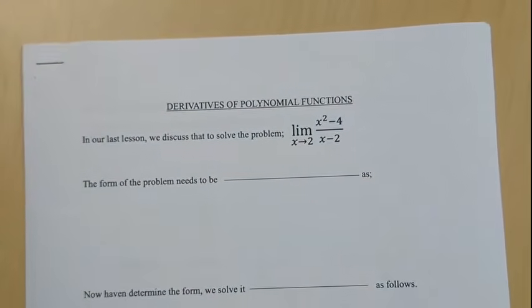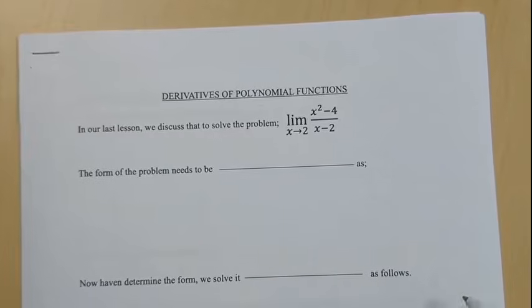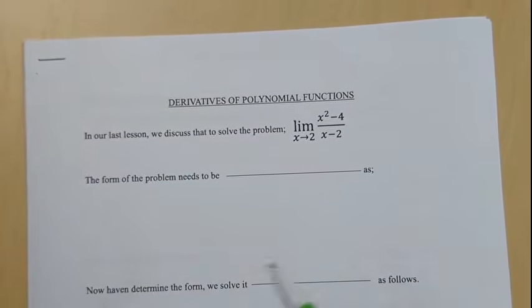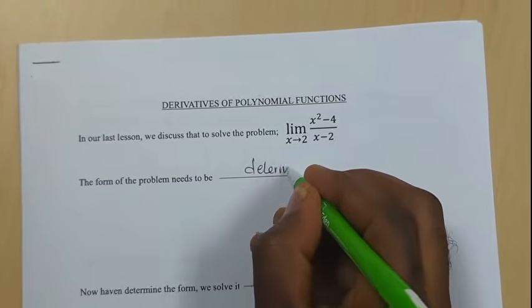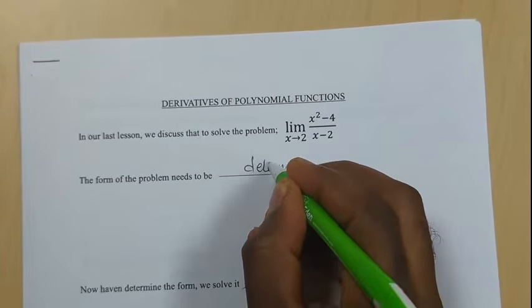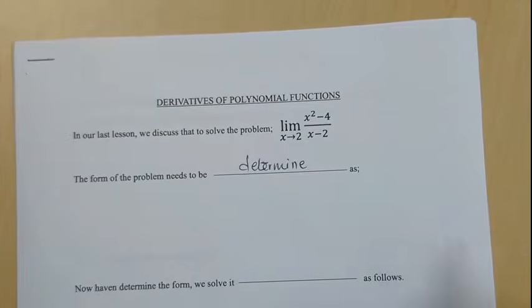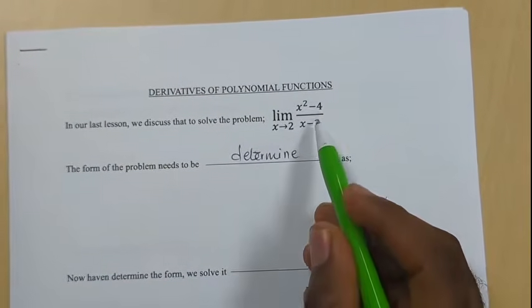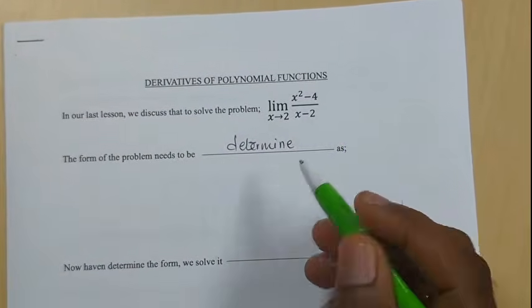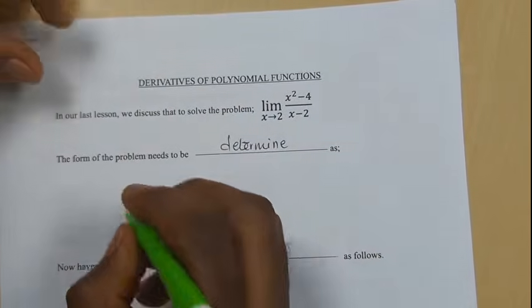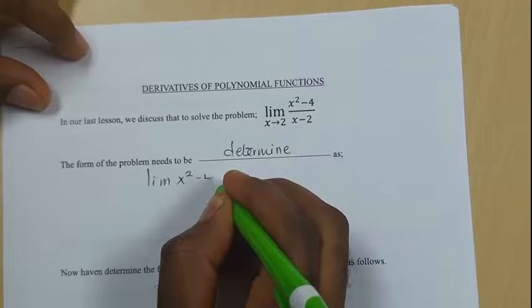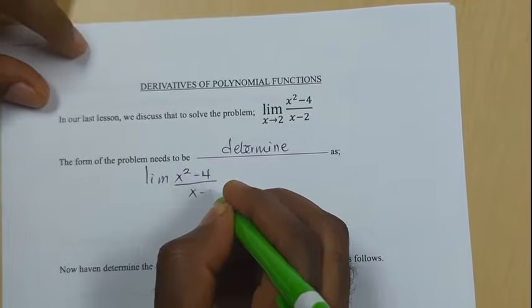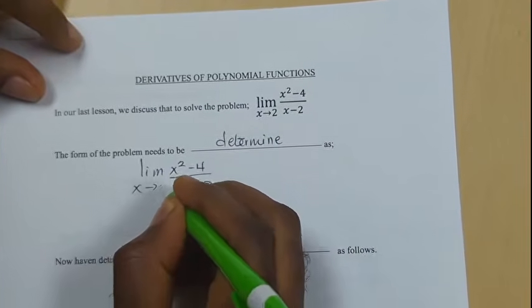So we said that when we meet this problem, first the form of the problem needs to be determined. And how do we determine the form? We determine the form by substituting the limiting point into the function and seeing the form that it takes. So we say the limit of x squared minus 4 all over x minus 2 as x approaches 2.